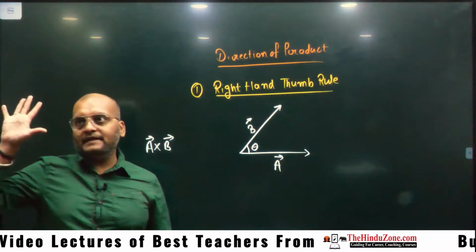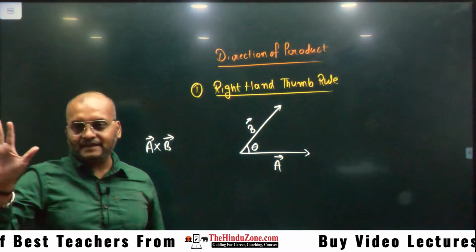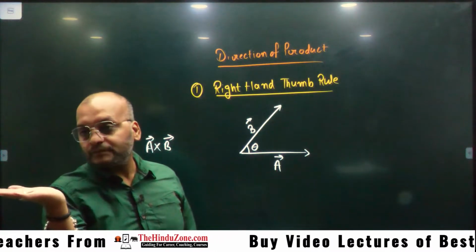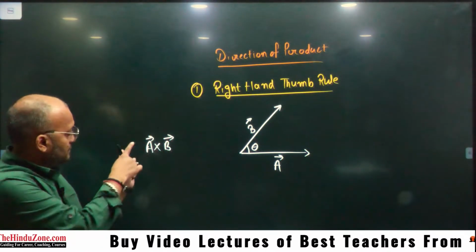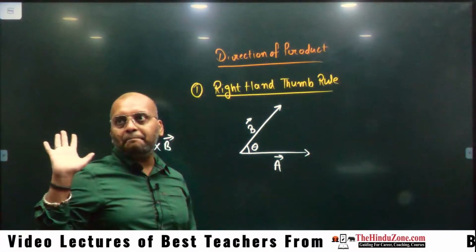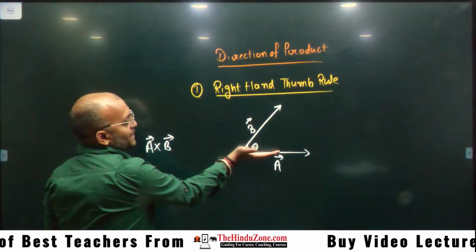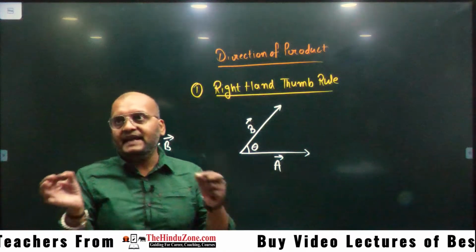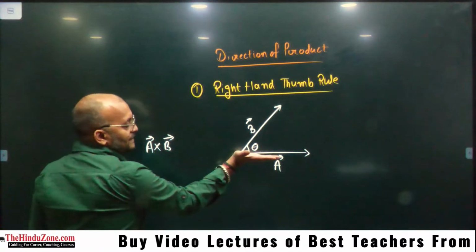Now please see. Take out your right hand. Everyone has it? Now, do one thing. You are doing A cross B. So you have to place your right hand palm on vector A, or you can say at the junction where A and B are meeting. Place your right hand palm like this.